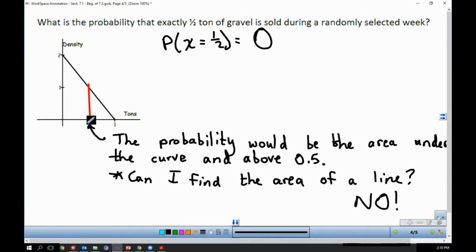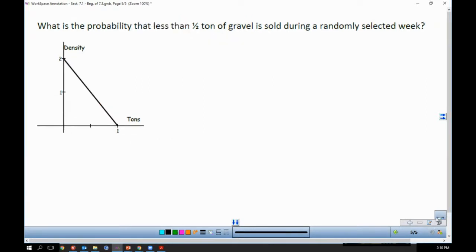Okay, questions on this one? Okay, onwards to the last one. What's the probability that less than half a ton of gravel is sold?